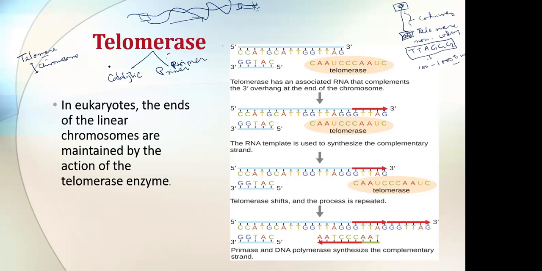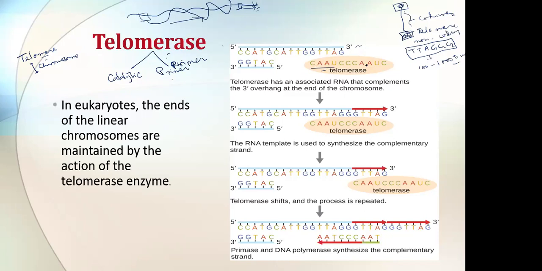To protect that, the telomerase enzyme does this. Let's say this is the chromosome, at the 3' end it provides the primer part. It actually makes one complementary RNA part. This is RNA and this is the DNA, so you can see GCTA, that's a complementary part.